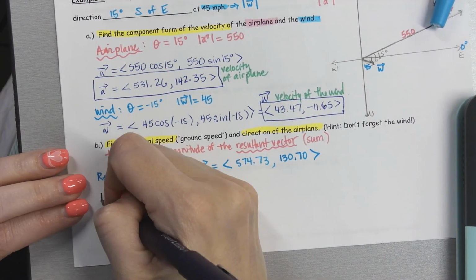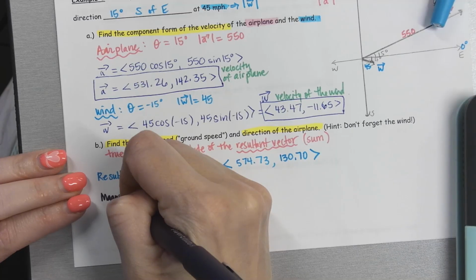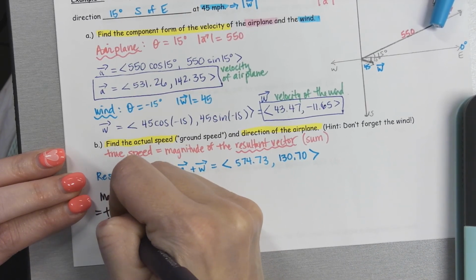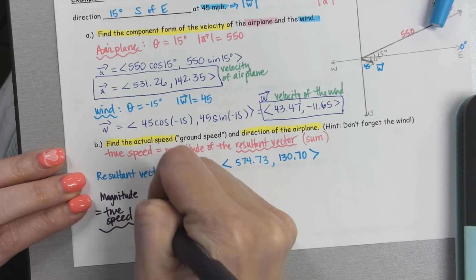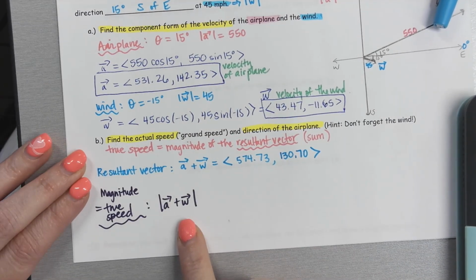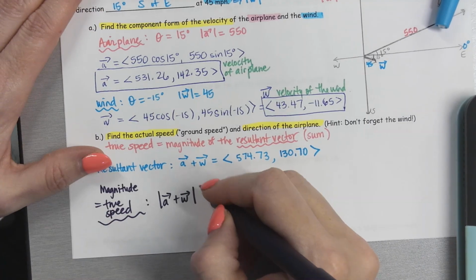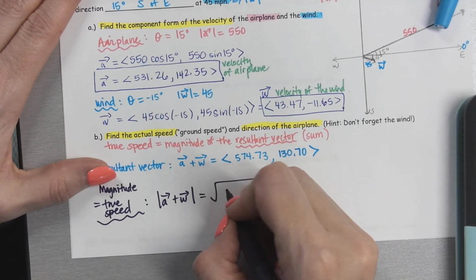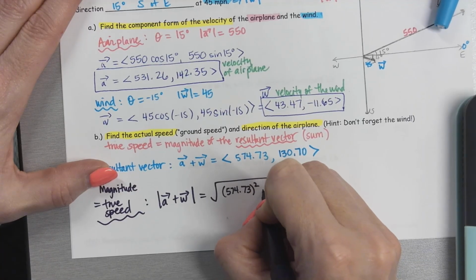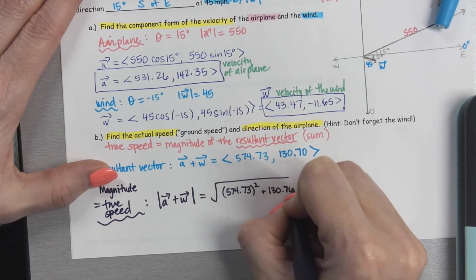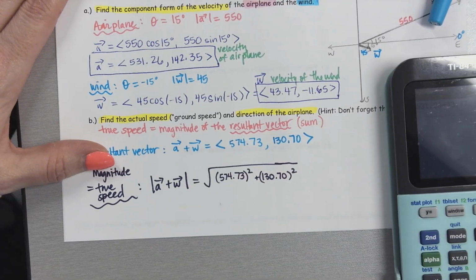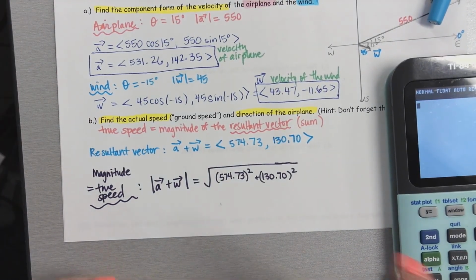Okay, and then the actual speed is the magnitude of this vector. Okay, so magnitude equals true speed. Okay, so when we write out that we're finding the magnitude, we're using our proper symbols. We are taking the square root of 574.73 squared, and this is something that you can input into your calculator all at one time.